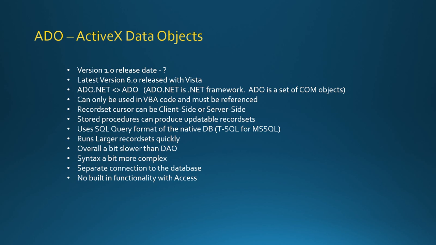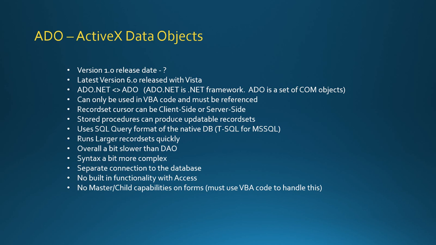Again, everything has to be done in VBA code, so there are no special interfaces and designers that you can work with to work with ADO. That's all based around the DAO. So it's just one pretty big drawback, I think, of ADO, unfortunately.